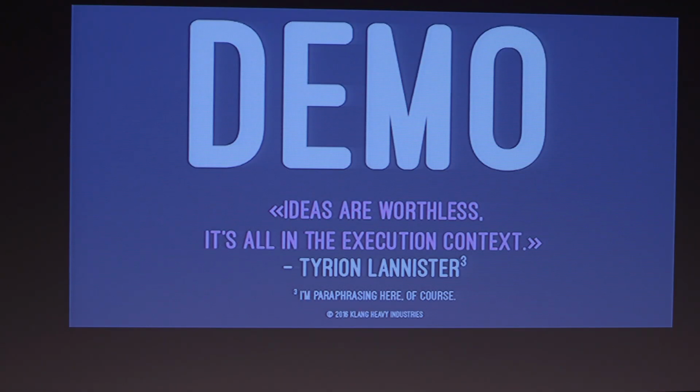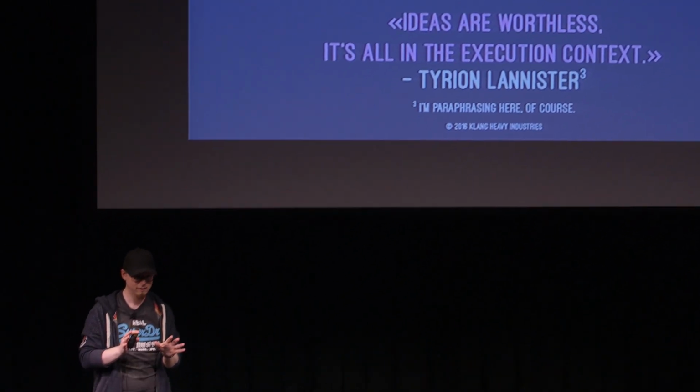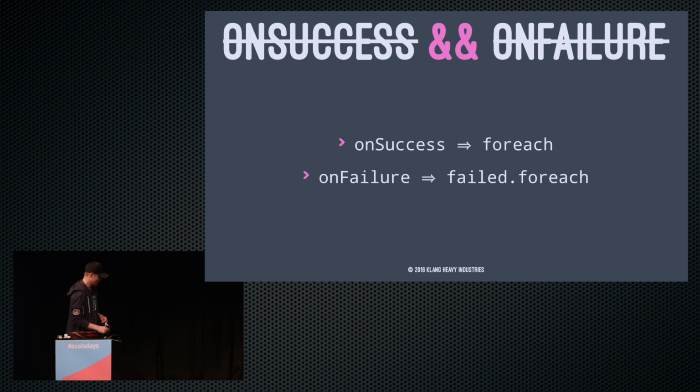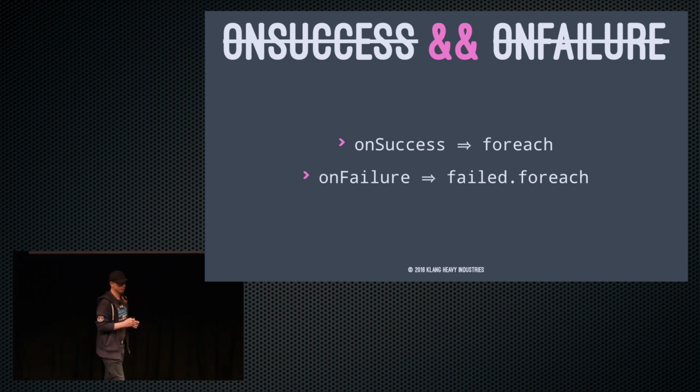So have I sold you the idea of execution context being a sort of interpreter? No? Not really. Oh man, this is going to take forever. All right. So what's new? Well, for 2.12, onSuccess and onFailure are deprecated. Why?